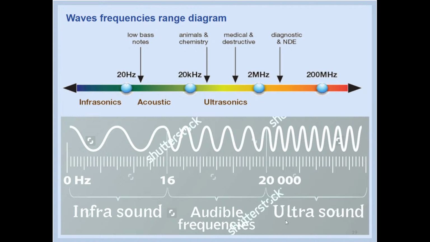And ultrasound starts from the frequency of 20,000 Hertz and greater. So you can see what these three categories are. And just sound is the audible frequency range for the human ear.